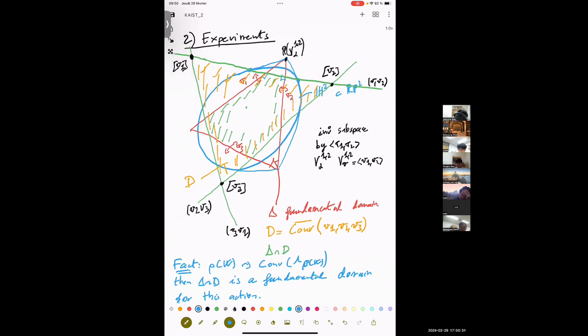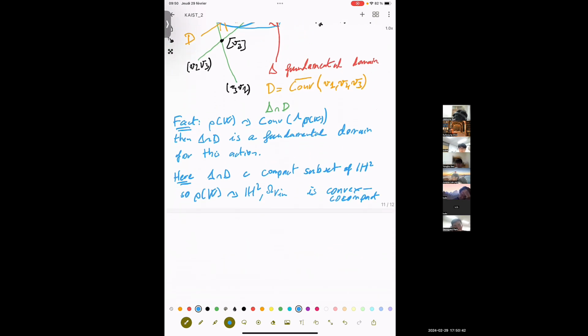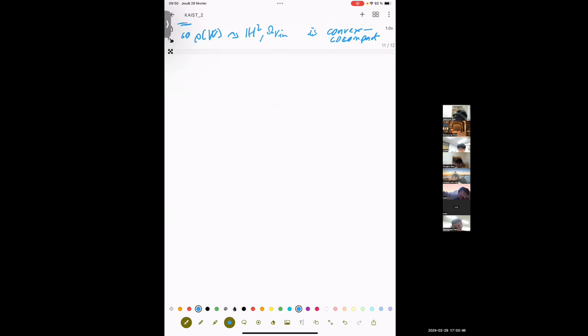Okay, so that's the first experiment. I took the simplest example and I found a fundamental domain. Now I want to take the simplest counterexample. So I take again H2.